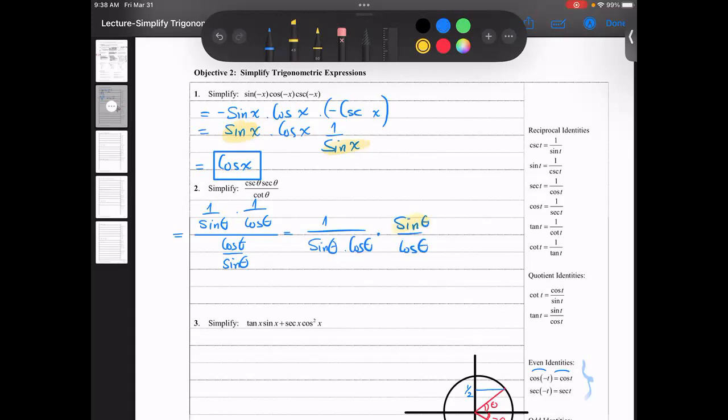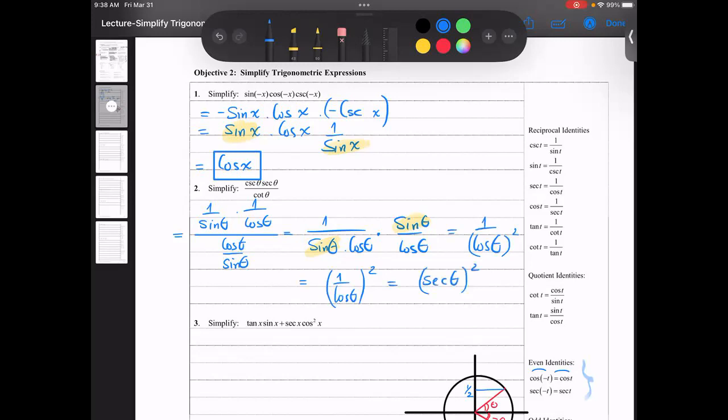Sine and sine cancel. Then I have 1 over cosine theta, all of that squared. One squared is still 1. What does 1 over cosine theta equal? Secant, right? So secant theta, all of that squared.